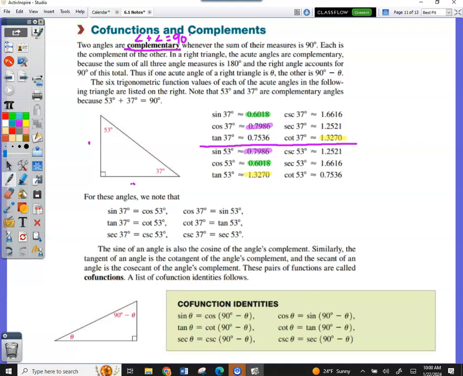The point is that sometimes if I tell you the sine of 37, then I've also secretly told you the cosine of 53. If I give you the cotan of 37, then I've also given you the tan of 53. Okay?